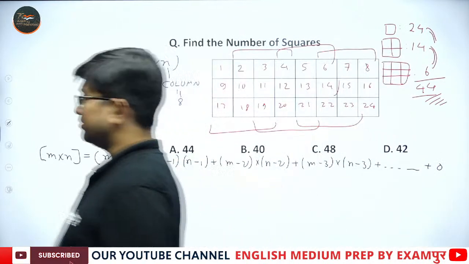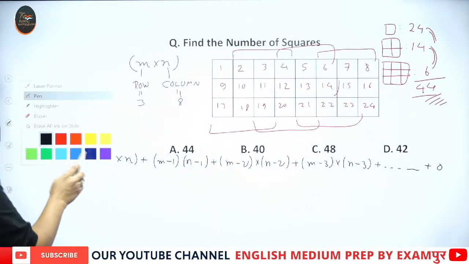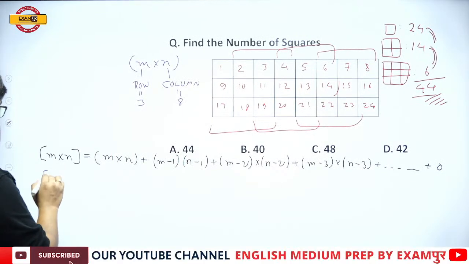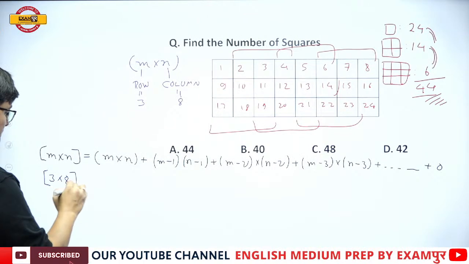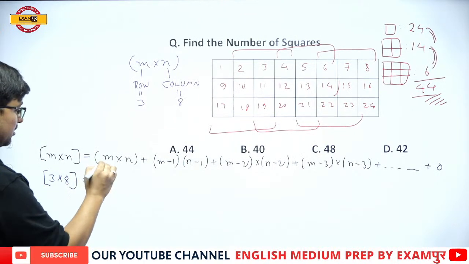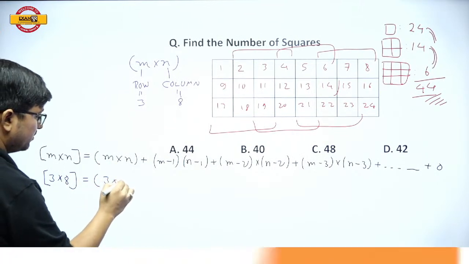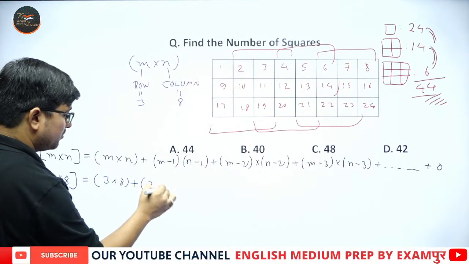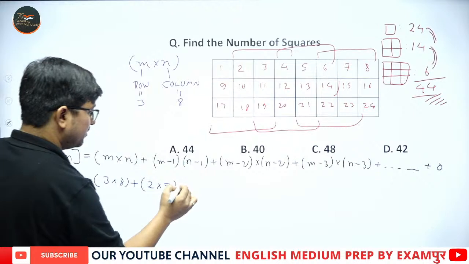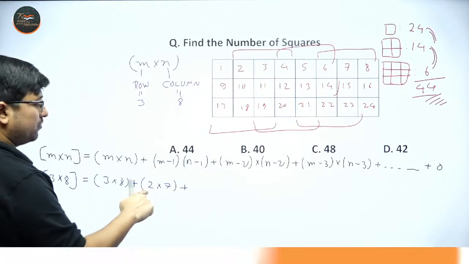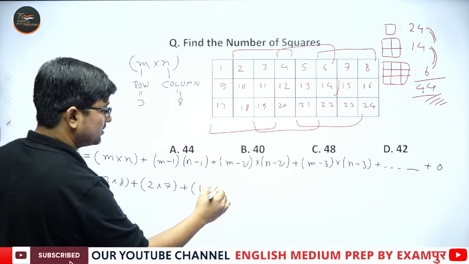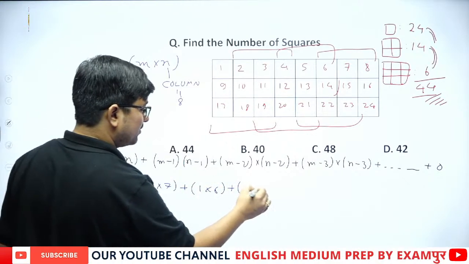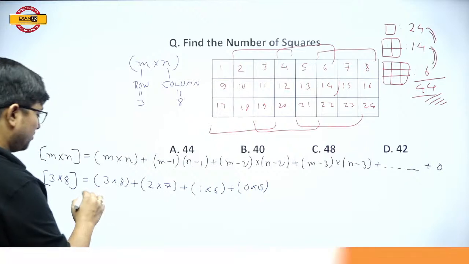Since it is a 3 cross 8 matrix, 3 multiplied by 8, plus 2 multiplied by 7, plus 1 multiplied by 6, plus 0 multiplied by 5.